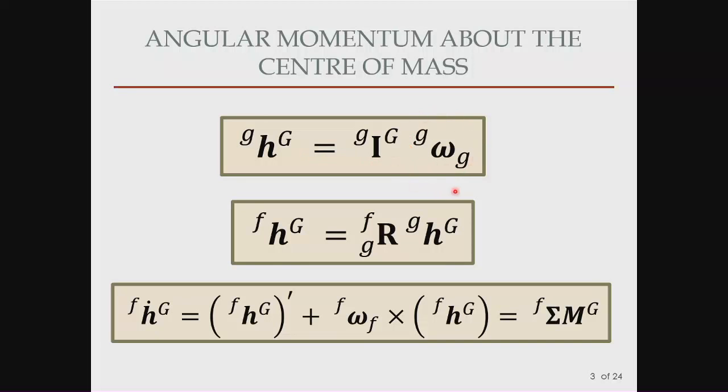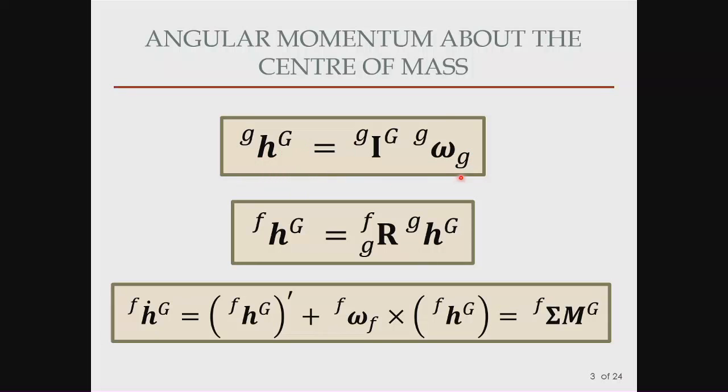What is this? This is not relative angular velocity. This is important. This is the absolute angular velocity of the rigid body of which you are finding angular momentum.